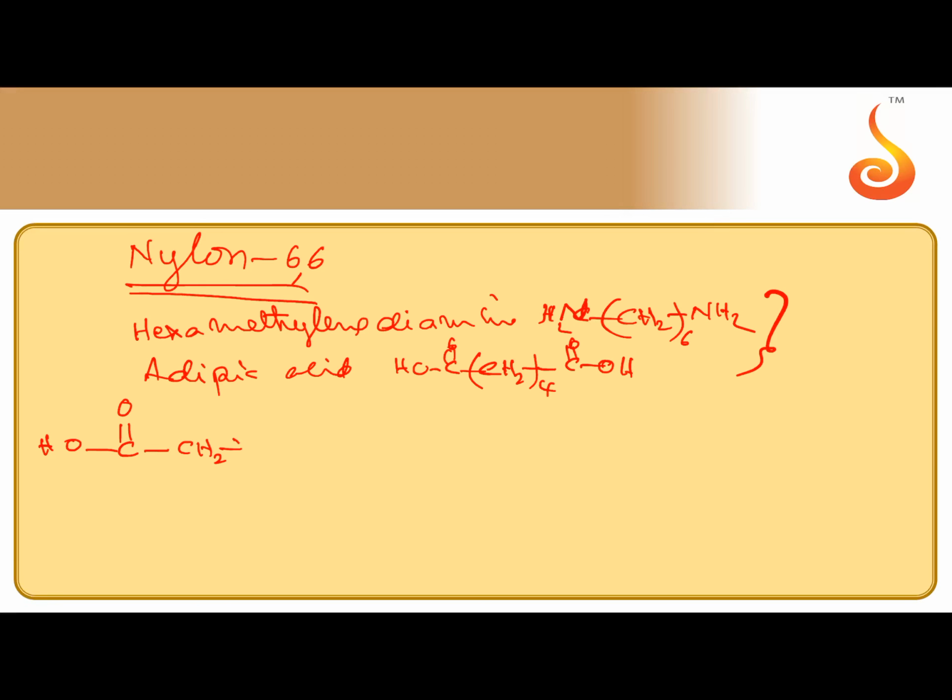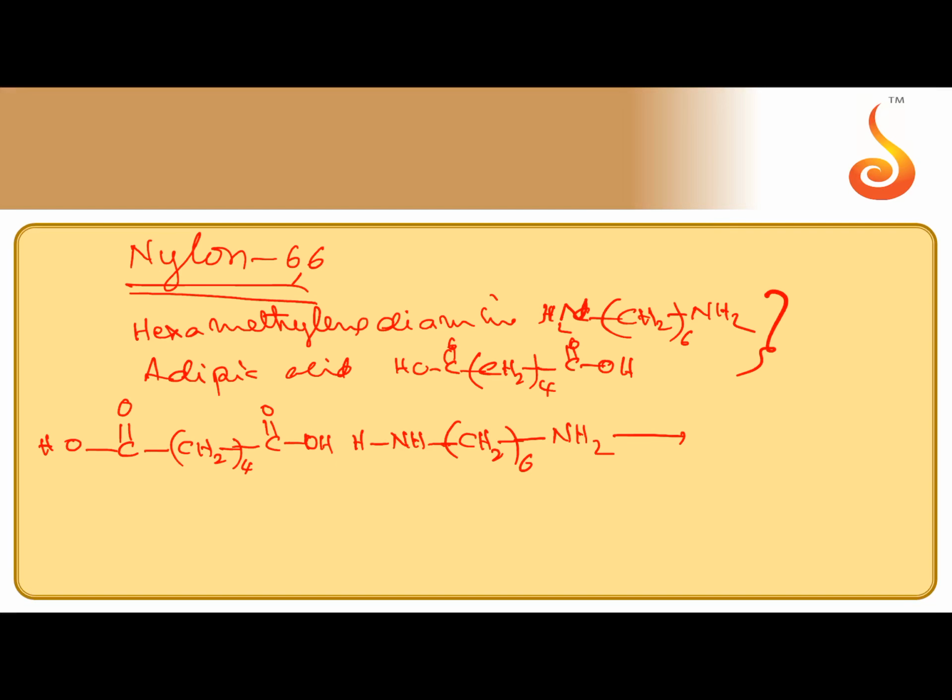COOH, CH2 taken 4 times, COOH. First you write the adipic acid. After that hexamethylene diamine. While you are writing hexamethylene diamine, better to show hydrogen separately. Hydrogen present in NH2 separately. 6 CH2 groups, hexamethylene. After that NH2.